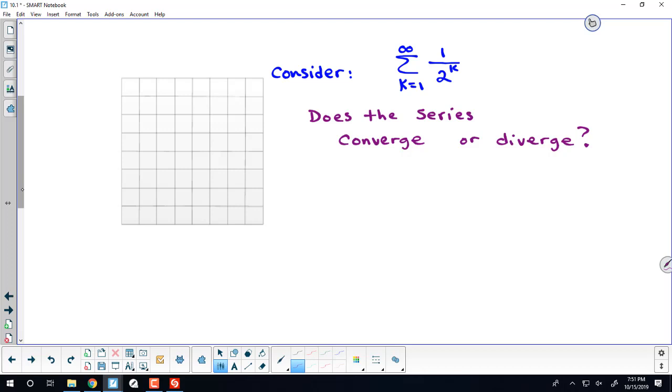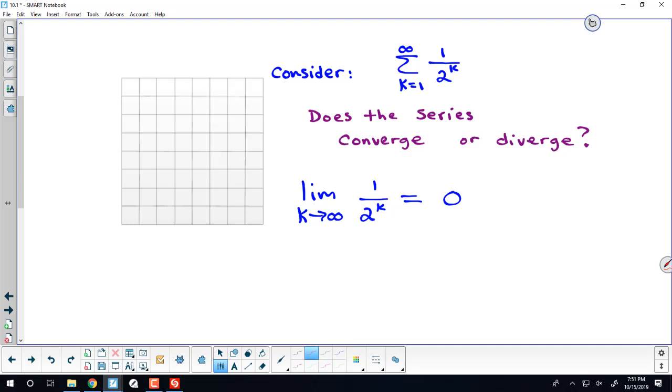But when we start adding those numbers up, the limit as k approaches infinity of 1 over 2 to the k would be 0. But what does that actually tell me in the sense of summing all those things up? Eventually, you're going to start adding close to 0. Yeah, exactly.